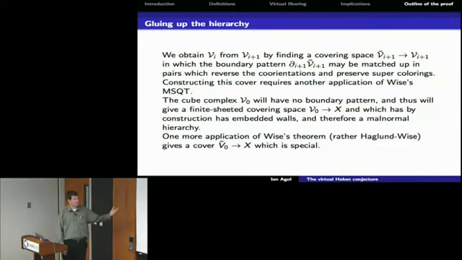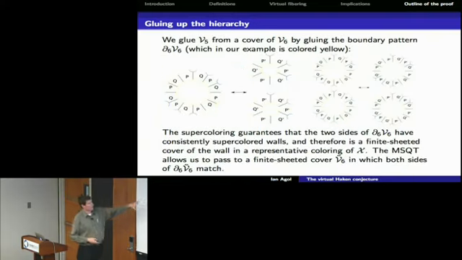If I took a cover of one boundary component, it would force certain covers of the other ones, and loops would have to match up. That's much harder to arrange. So that's, in some sense, where the malnormality comes in.